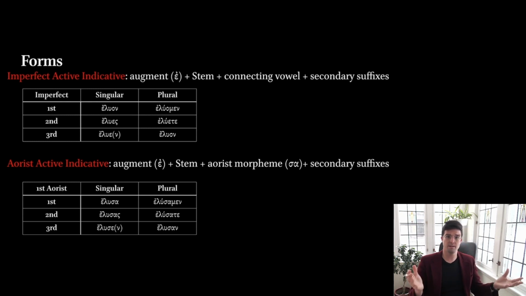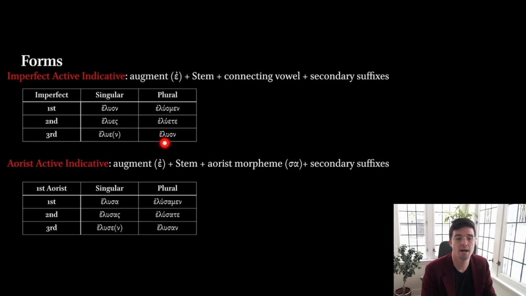And so speaking of those endings and those forms, this is what the imperfect and the first aorist active indicative are going to look like, given what we've noted about how they're formed with those secondary endings stuck onto them. So eluon, elues, elue, eluamen, elueti, eluan for the imperfect active indicative.